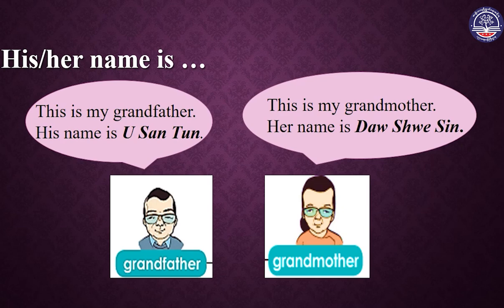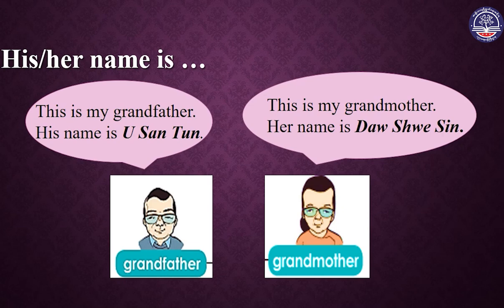This time for girls or women, what do we have to use? Yes, we have to use she or her. Okay, for example, for your mom, you have to say her name. For your dad, you have to say his name. Like that.